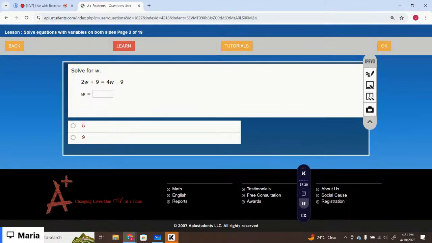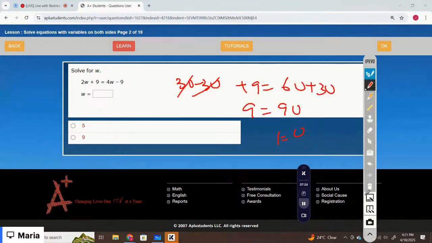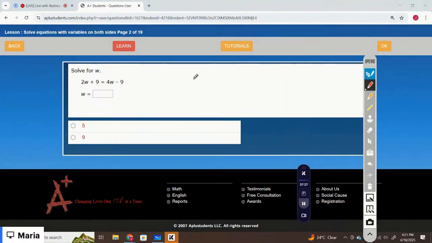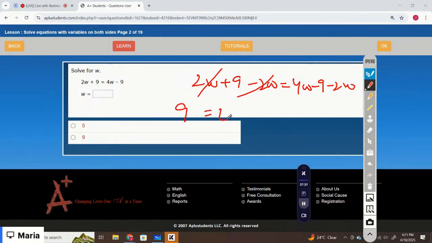So that is subtract 2w from both sides. 2w plus 9 minus 2w is equal to 4w minus 9 minus 2w. They cancel out. 9 equals 2w minus 9. Add 9 to both sides.